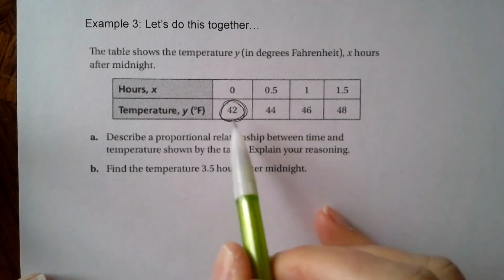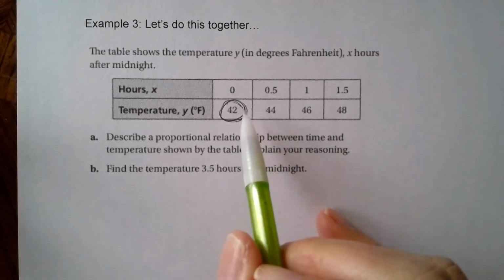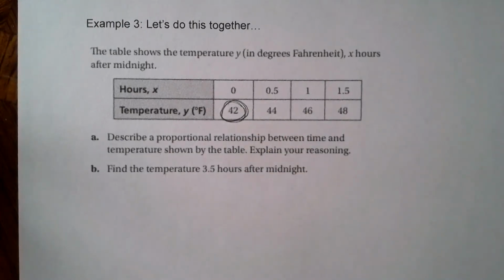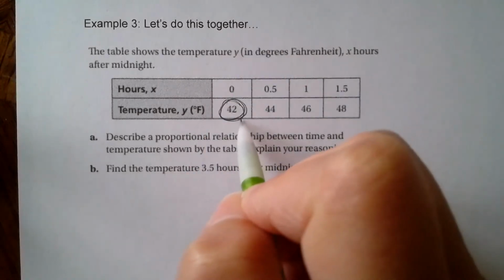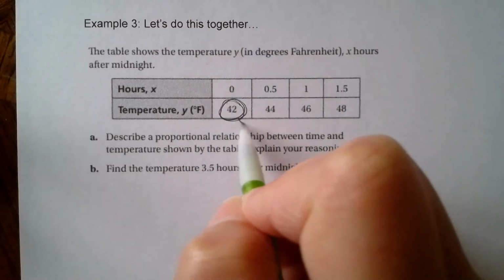All right, so describe the proportional relationship between time and temperature shown by the table. Well, one thing we know is this does not have a direct variation, or there's not a proportional constant, but that's okay. That doesn't mean there still isn't a relationship of some kind after midnight. So we still want to describe what's happening after midnight. So what do we notice?